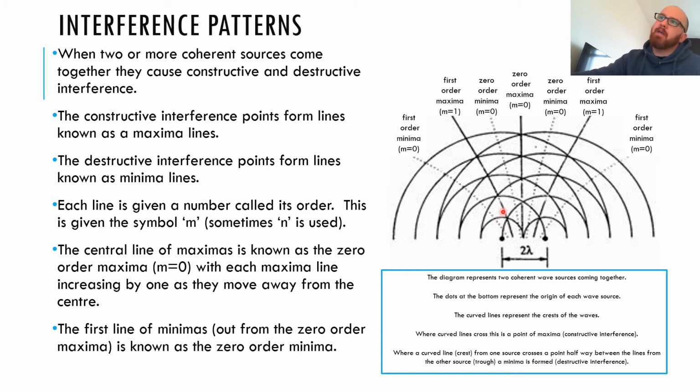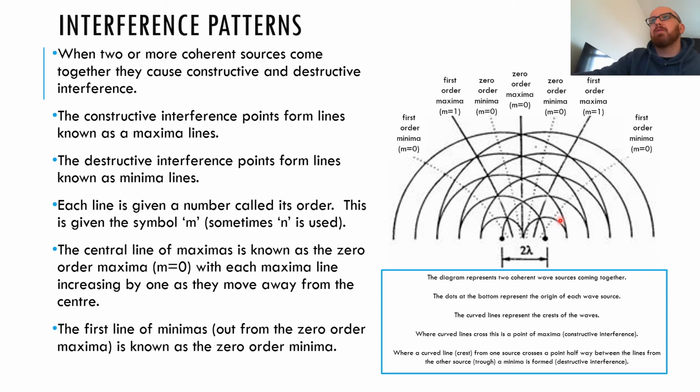What happens is the dots on the bottom represent the origin of each wave source, and the curved black lines represent the crests of the waves. So if I take this black line here, this black line represents the peak, or the crest, of a wave that's coming from this point here.